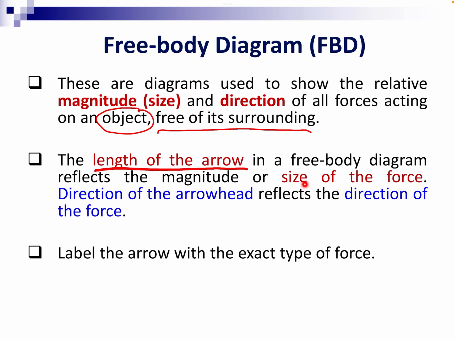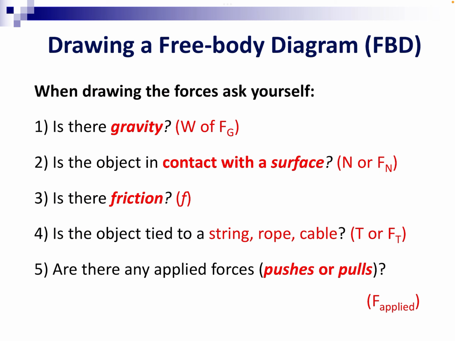The size of the force, or how big the force is being exerted, should be represented by the length of the arrow, and the direction of the force should be represented by the direction of the arrowhead that you draw. When you're drawing a free body diagram, because you are putting different kinds of forces, you should label the arrows that you draw with the exact type of force, so then you will know which forces are acting on an object.